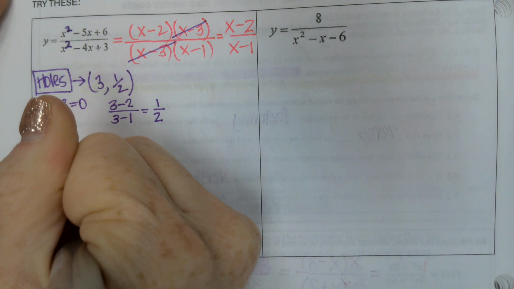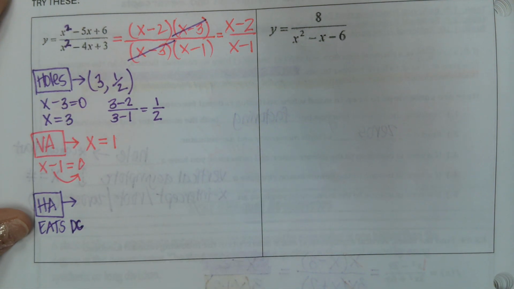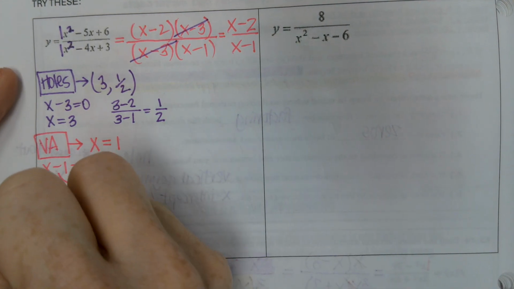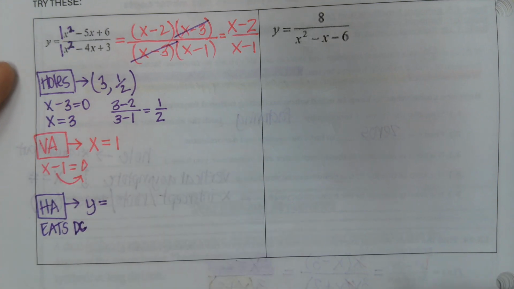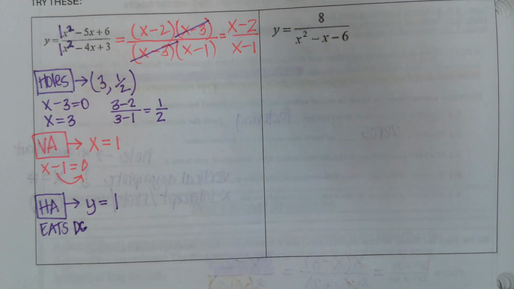Divide the coefficients. Perfect. The coefficients are 1 over 1. And my horizontal asymptote has an equation y equals 1 over 1, which is 1.